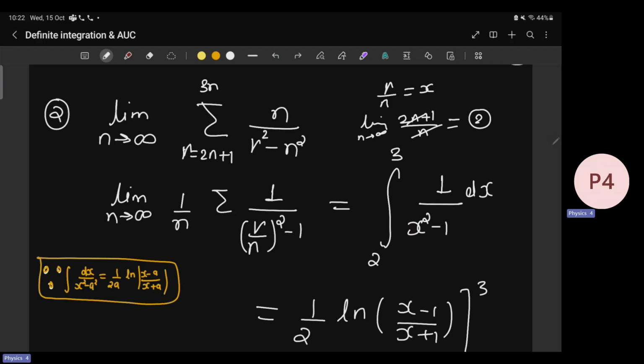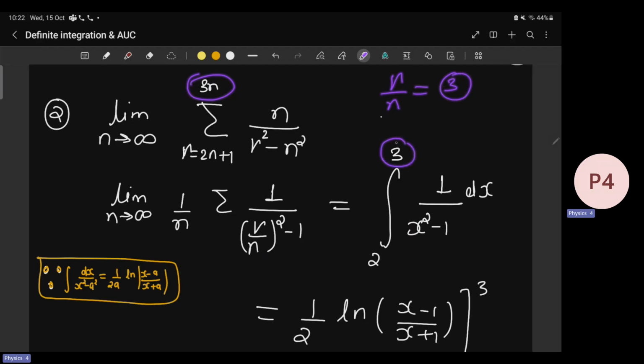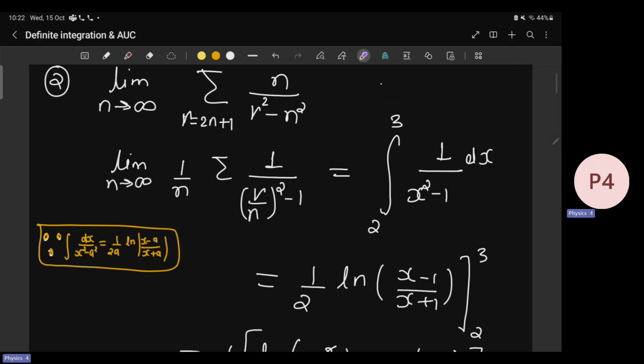All right, lower limit is 2. Similarly, when r was 3n, r upon n will be 3. This upper limit is 3. So we got lower limit 2, upper limit 3.